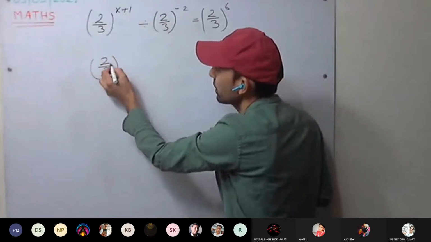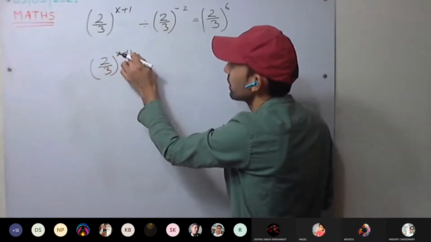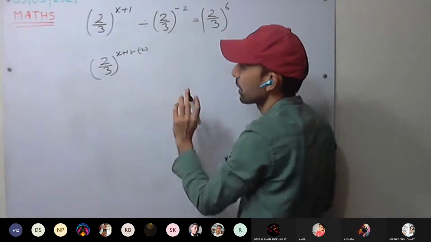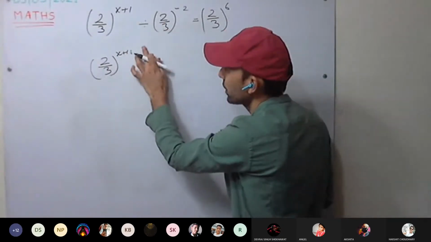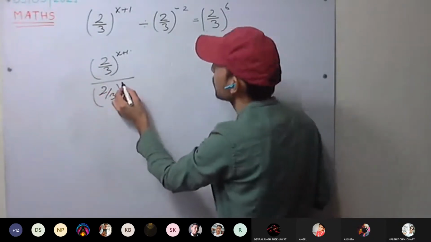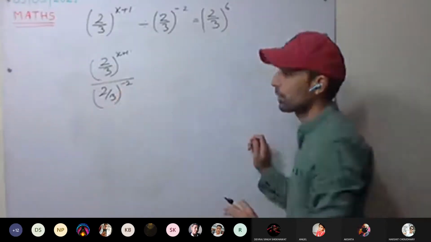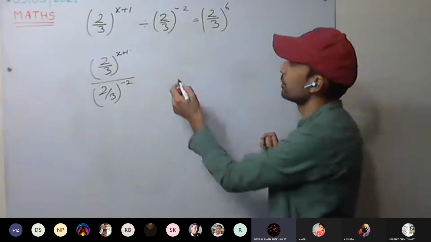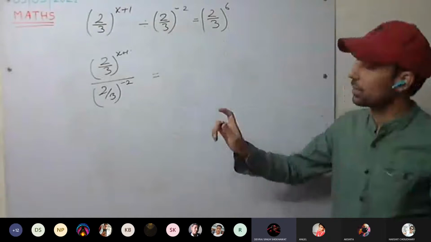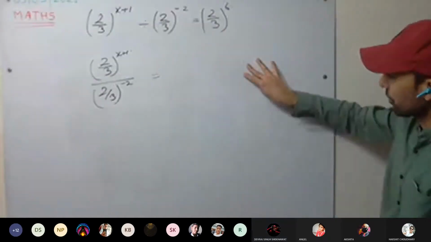2 by 3 raised to power x plus 1 and minus 2. Or we can do it like this: x plus 1 divided by 2 by 3 raised to power minus 2. Sir, we can also write it into reciprocal. Yes, there are many ways. So I'll be telling first this way, then one more way.